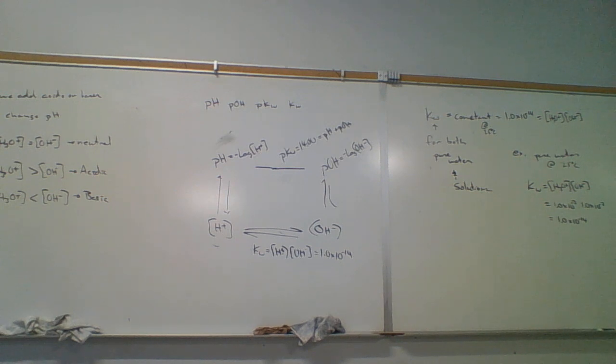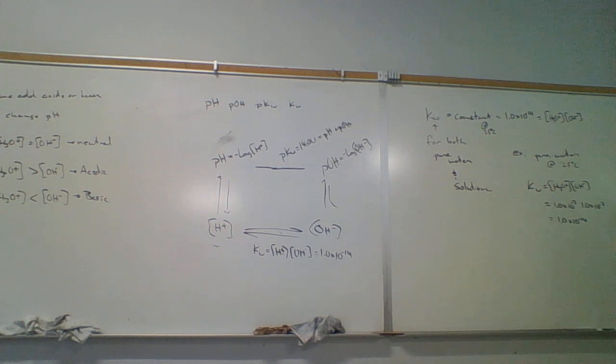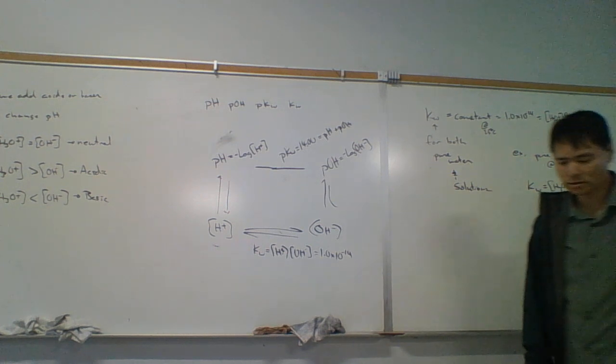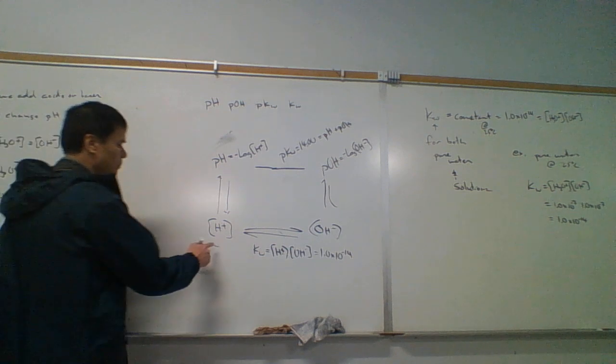We could use the equation to do it too. For example, we could use the Kw equation. Take Kw, 10 to the minus 14, divided by the H plus, 10 to the minus 5, gives us 10 to the minus 9. We could do it that way too, algebraically. Well, let me throw in a couple more things.